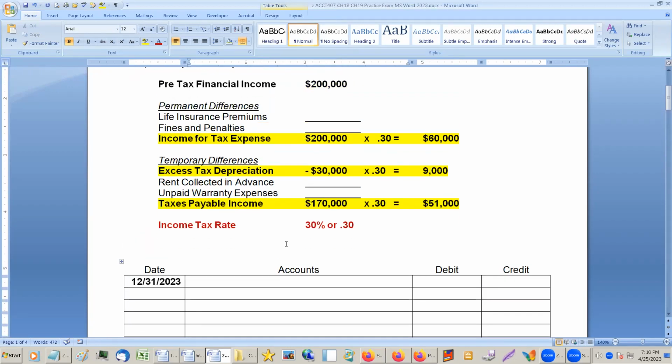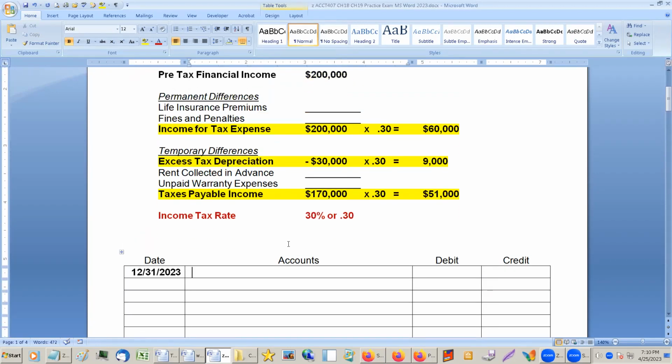So we have tax expense, $60,000. Taxes payable.